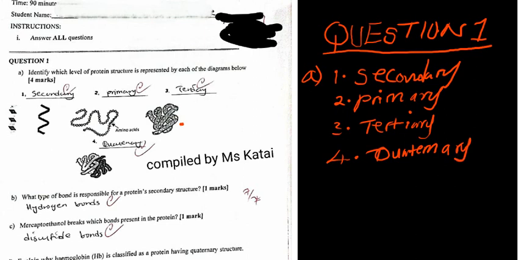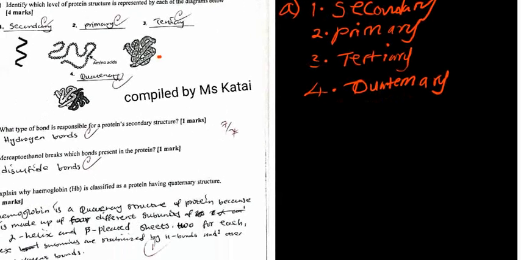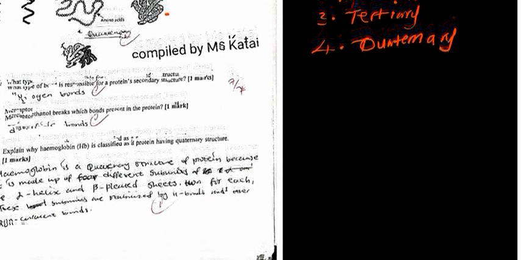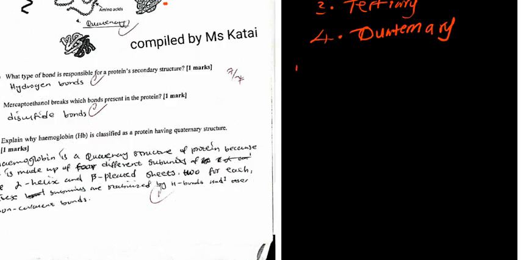So let's go to the next question, which will be B. Question B says, what type of bond is responsible for a protein's secondary structure?